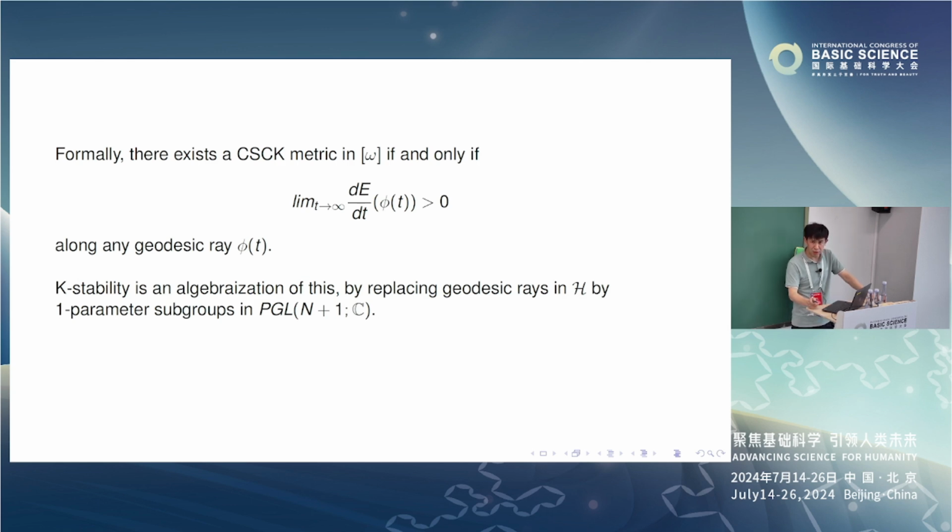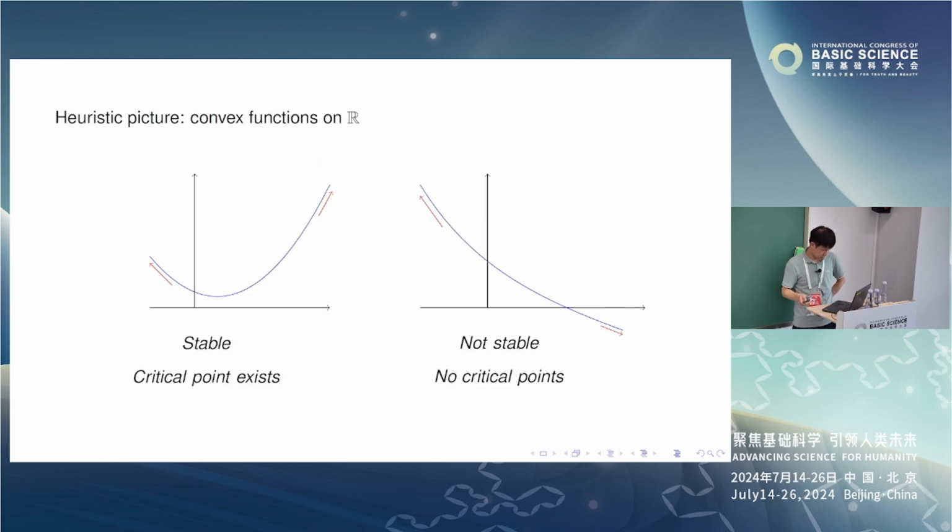So the way you do this is you embed your manifold into a projective space, and then a one parameter subgroup of PGL will degenerate your manifold in the projective space, and that degeneration will induce a geodesic ray. That's known. But anyway, you can directly work with the degeneration, and then you make sense of this slope. So that's the notion of K stability.